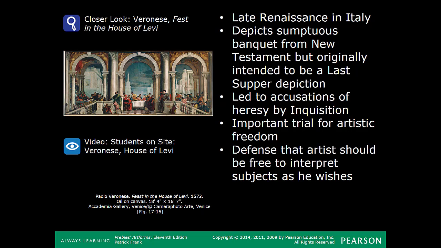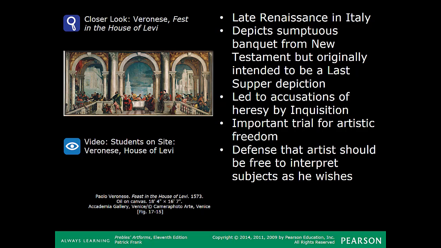So when this painting was completed, it was actually looked at in a very negative way. And so we have this portrayal of the Last Supper. We expect to see the 12 apostles, and instead we see everyday people. It led to accusations of heresy by the Inquisition.